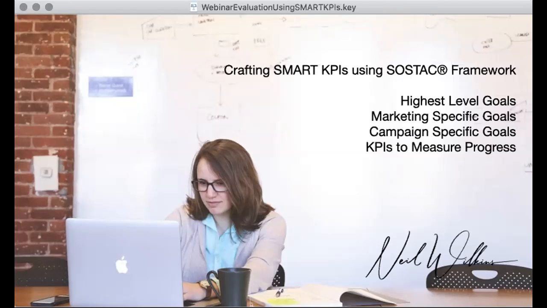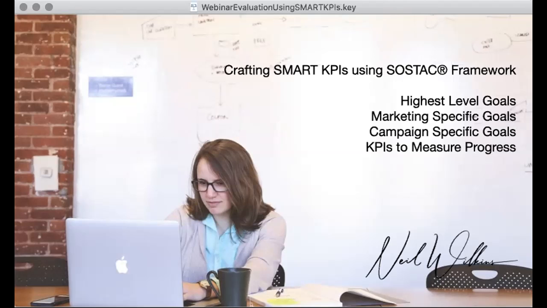So there's a hierarchy, and I often fall back on Paul Smith's SOSTAC framework to give me the hierarchy of where I put a KPI alongside a marketing plan, a marketing campaign or a strategy. I would begin at the top with my highest level goal. What am I trying to do for my business?